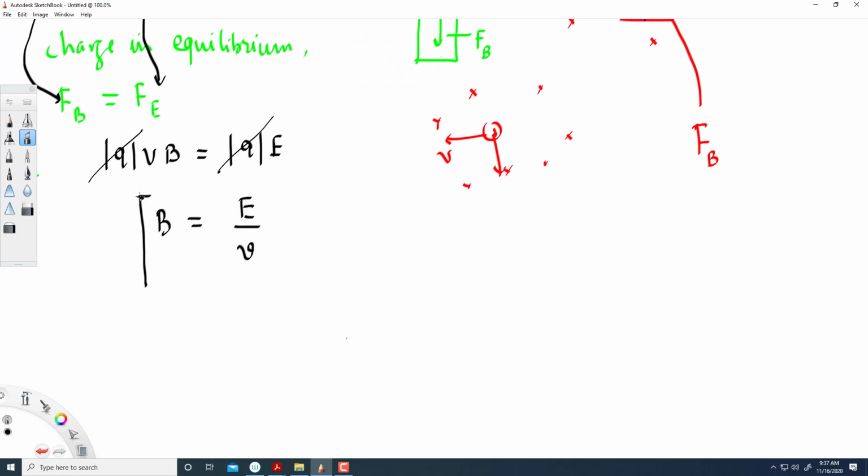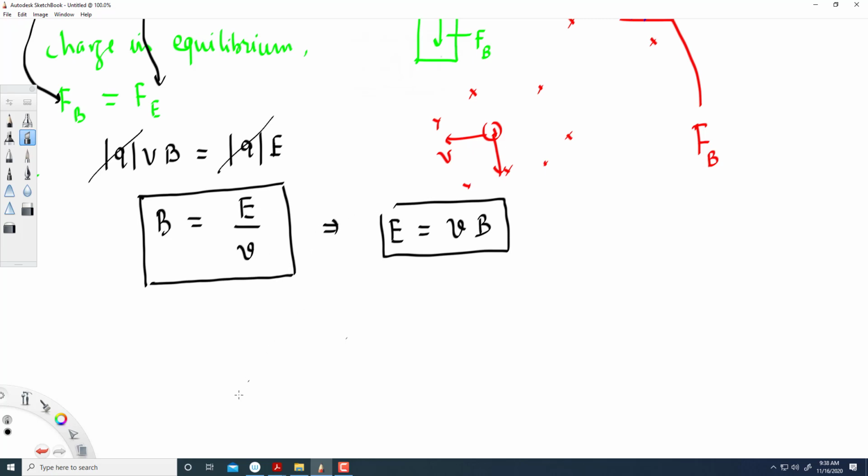So that's the relationship between V and B for the equilibrium. We can also write this as E equal to VB, same thing by rearranging.